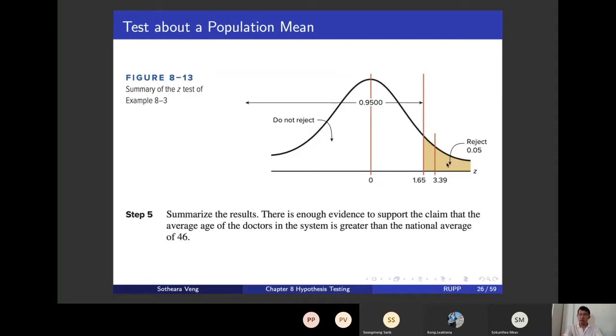This area corresponding to this test value is smaller than the significance level, so you also reject the null hypothesis. So the p-value is the area under the curve corresponding to the test value.